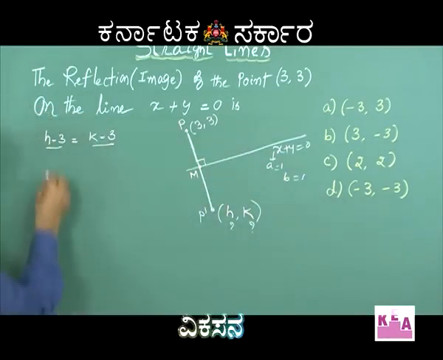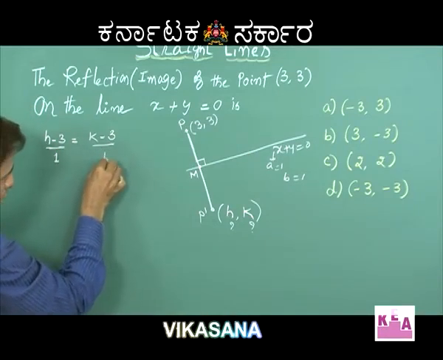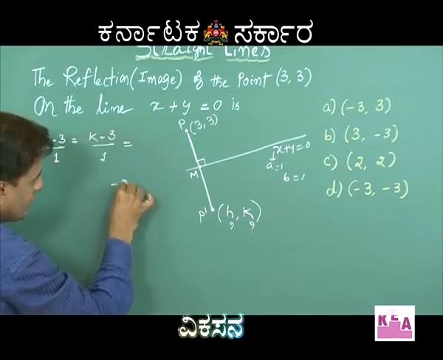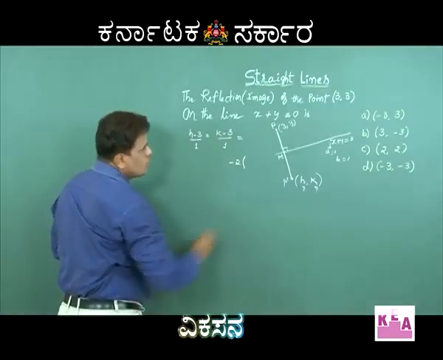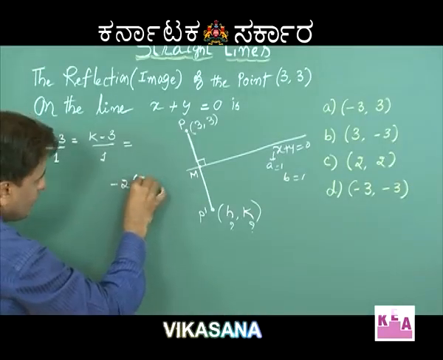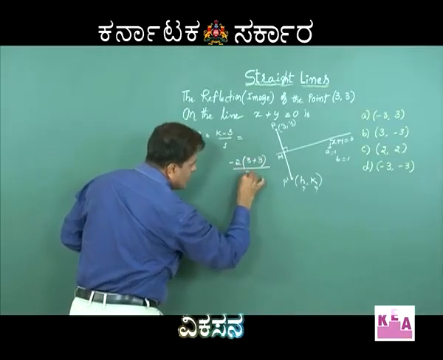In the equation, the value of a is 1 and the value of b is also 1, and then minus 2 times, substitute the point in the LHS: 3 plus 3 divided by a square plus b square, 1 square plus 1 square.